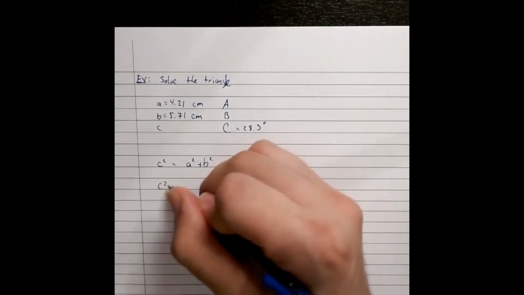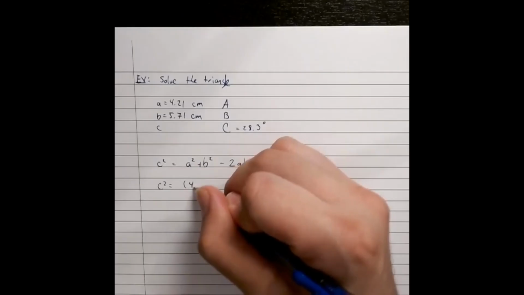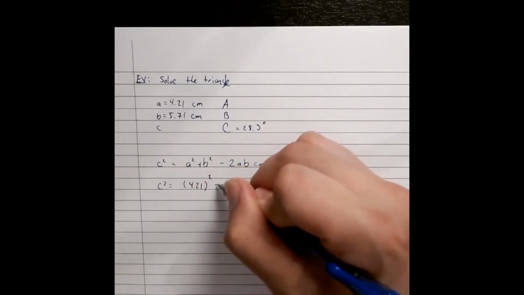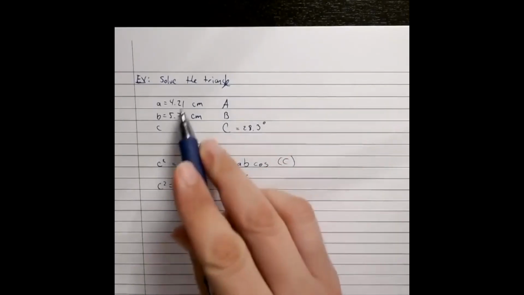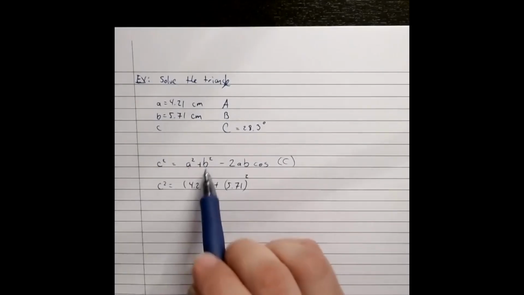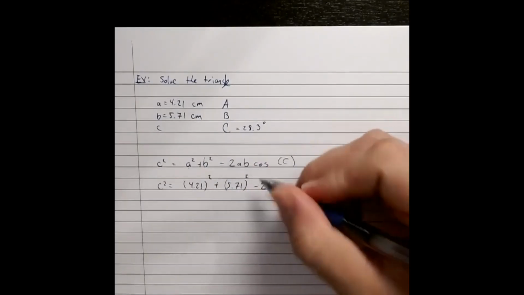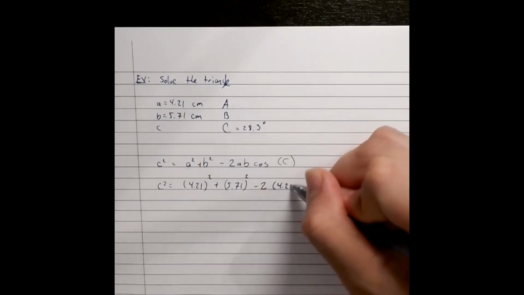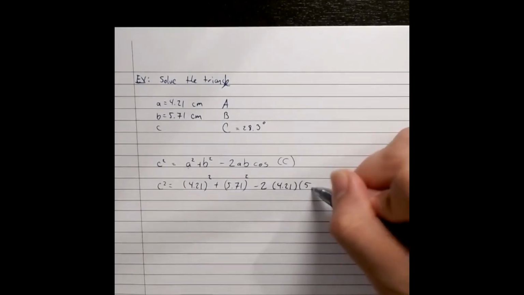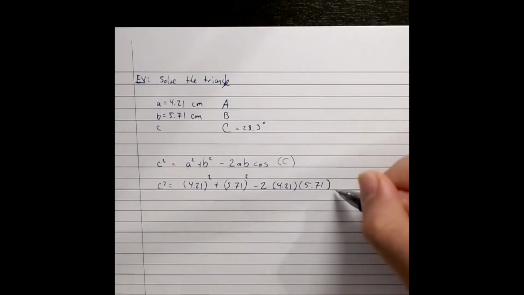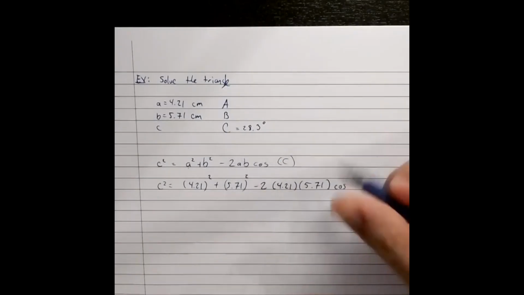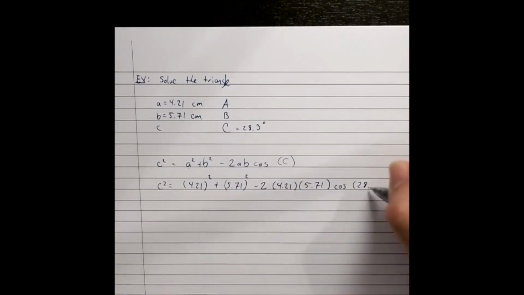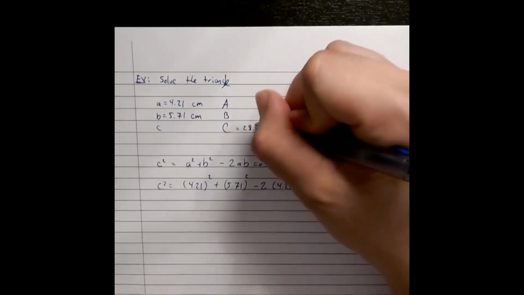Here we get that C squared is equal to 4.21 squared plus 5.71 squared. I'm taking my A, plugging it in there, my B goes there. Minus 2 times A, which is 4.21, times B, which is 5.71, times the cosine of the angle C, which we're told is 28.3 degrees.